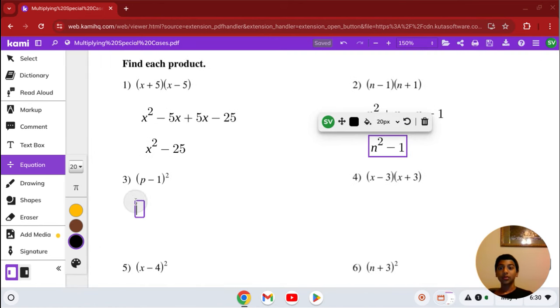Number 3, we have p minus 1 squared. P minus 1 squared is the same thing as p minus 1 times p minus 1.